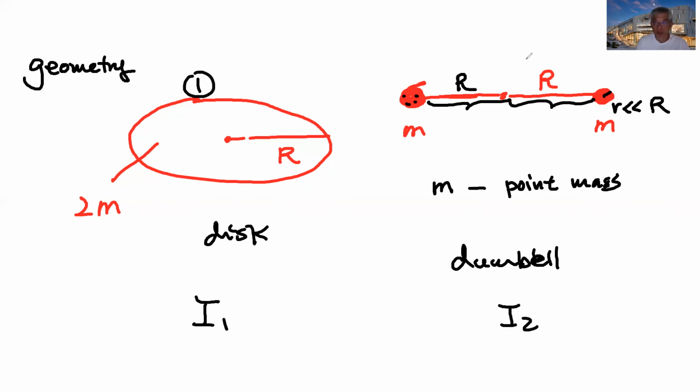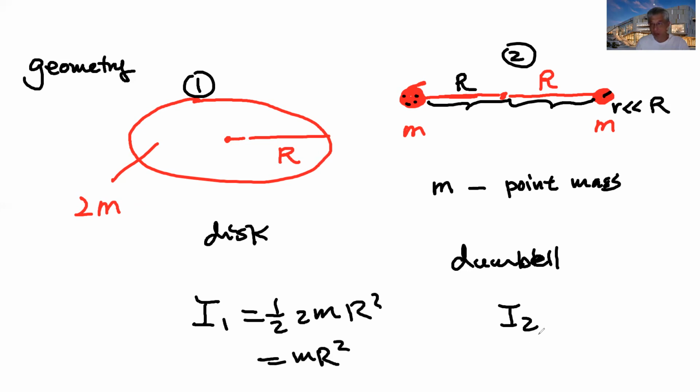Even though they have the same M plus M, which is 2M, and the same R, right? So this one here will be I1 is equal to 1/2 times 2M, and 2M is the M, and then R squared. So that's equal to MR squared. How about this one here? You have M times R squared, right? And then you have this one here, M times R squared, right?